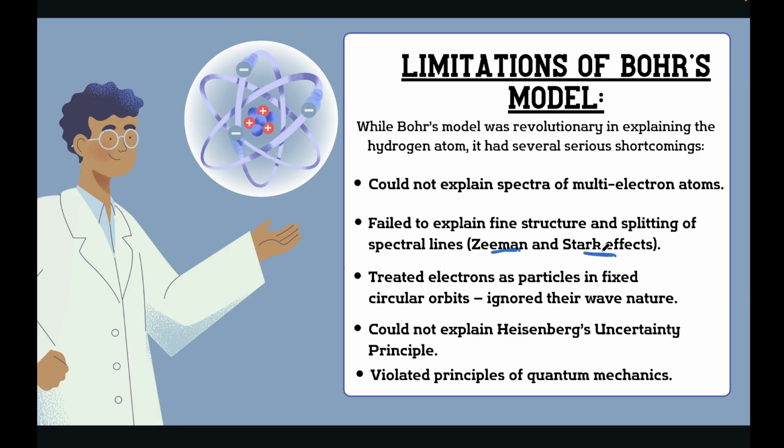So what are the Zeeman and Stark effects? Actually, an electron creates a magnetic field because it spins around its own axis, which is called spin, and because of its orbit around the nucleus, which is called orbital motion. These two motions make the electron behave like a tiny magnet. It creates a magnetic moment.